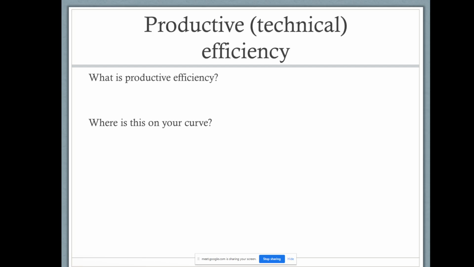So basically, when we talk about productive efficiency, it is when we are producing the output at the lowest cost. When we are producing an output, we are producing it at the lowest cost. So that's the definition.